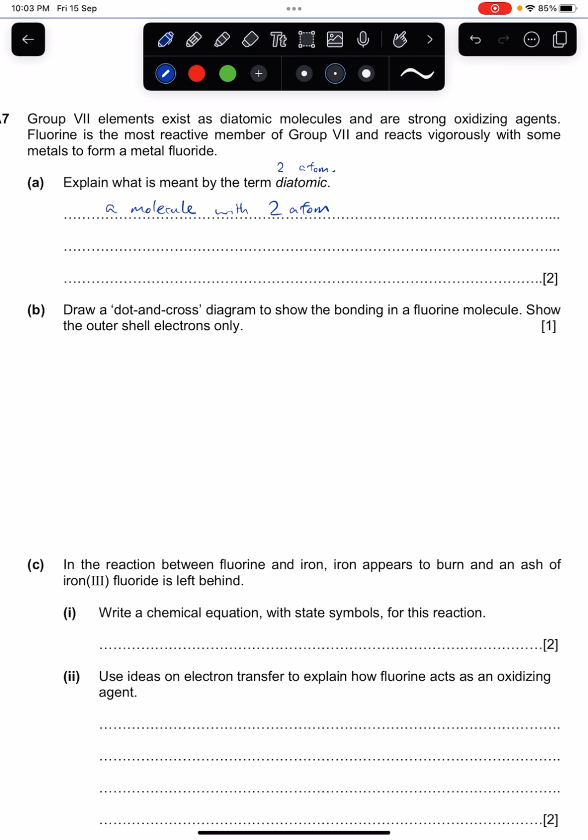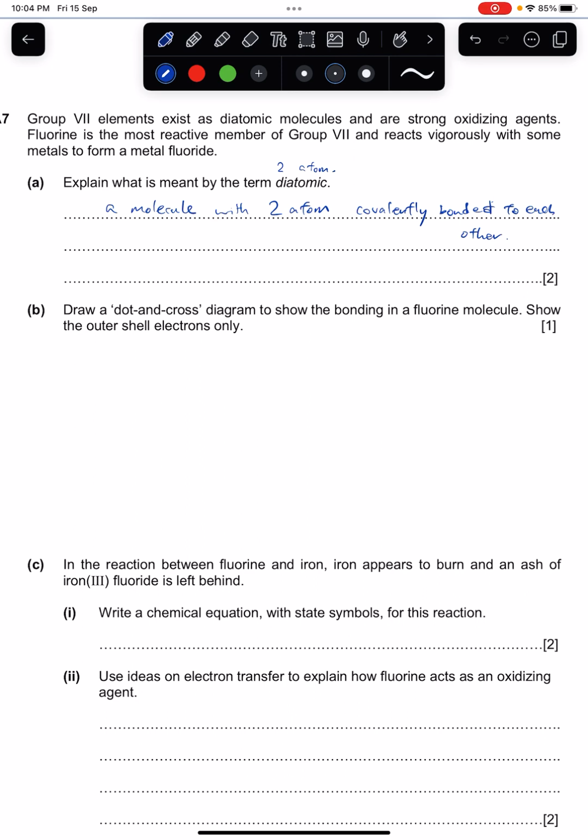Don't write chemically bonded, because it sounds like you don't know what bond. So they are usually 2 atoms covalently bonded to each other to end up in this molecule that has 2 atoms.